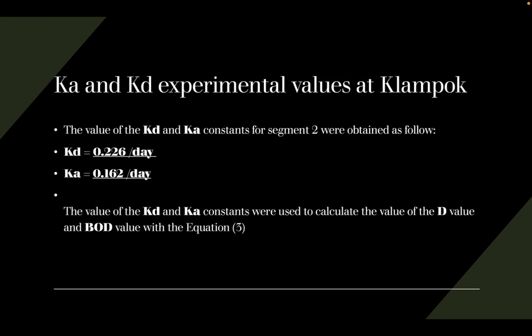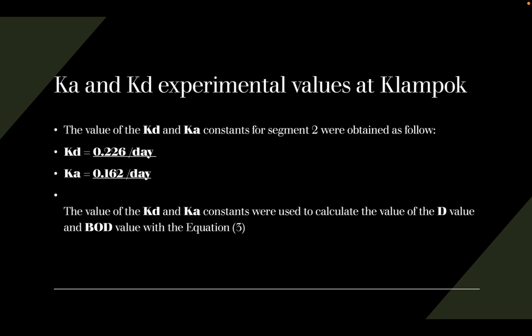Now we are going to use Ka and Kd experimental values at Clampock. These constants were for segment 2 and were obtained as the following values. Kd equals 0.226 per day, and Ka equals 0.162 per day.